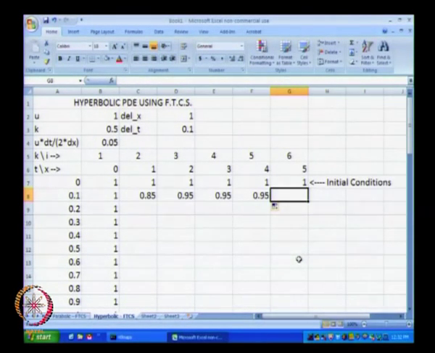basically going to look like minus u delta t divided by delta x.